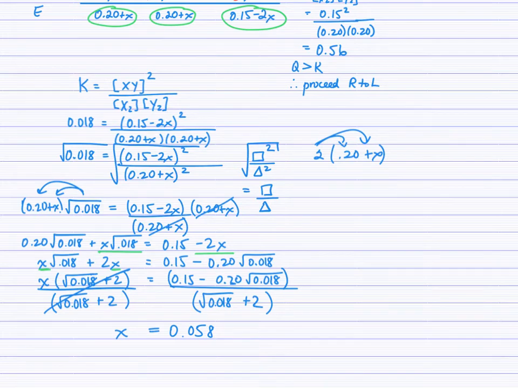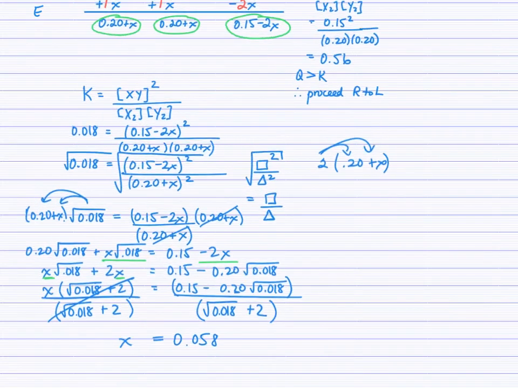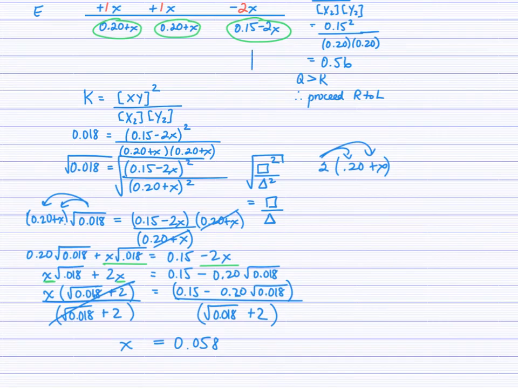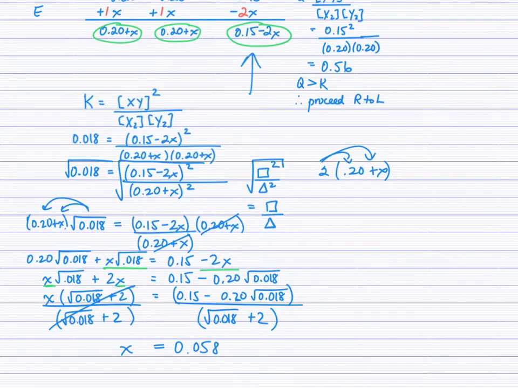The original question was to calculate the equilibrium concentration of the HI, which is up here, and so that's what we can finish with now. So I'm going to calculate the equilibrium concentration of HI from this expression now that I know the value of x.